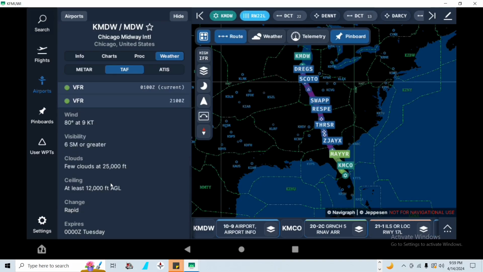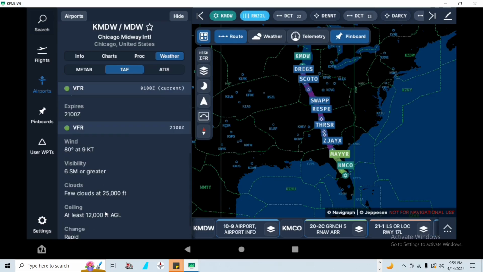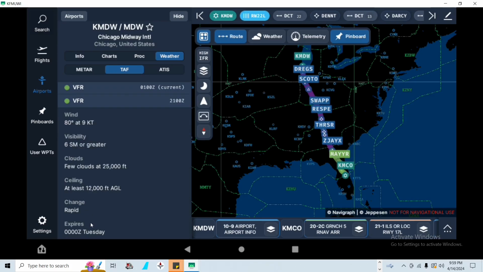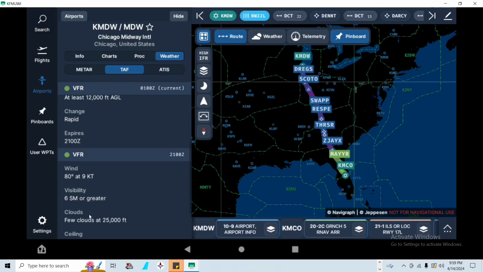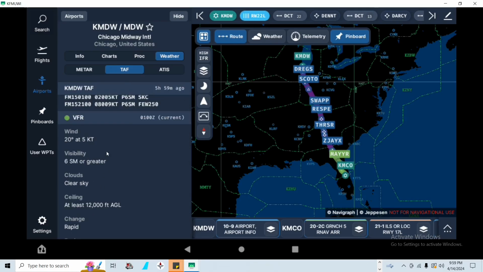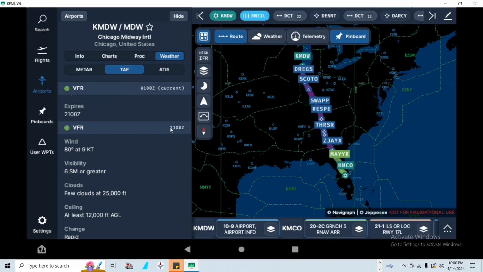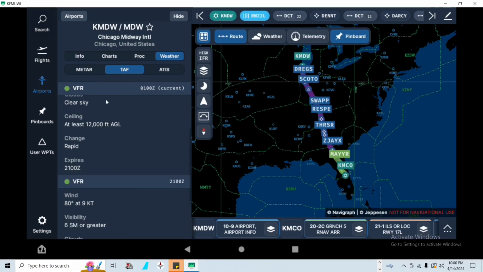So that is how you read that, and of course it has some more information for you. If you want to get into that, you'll see that it breaks it down by the time. So 0100 Zulu is a current one, and then it'll give you that 2100 Zulu as well.